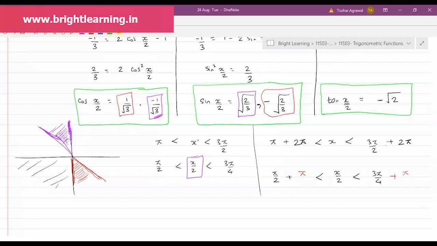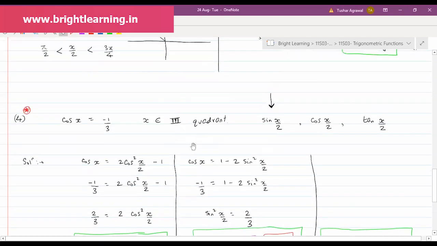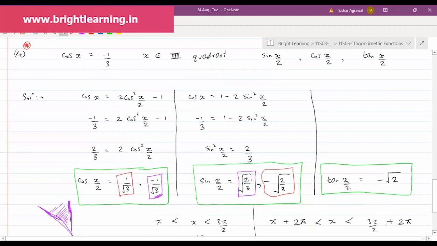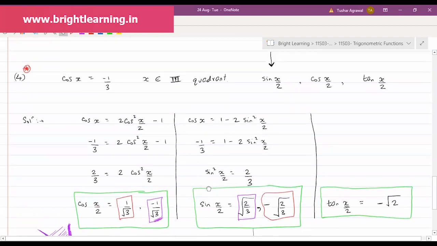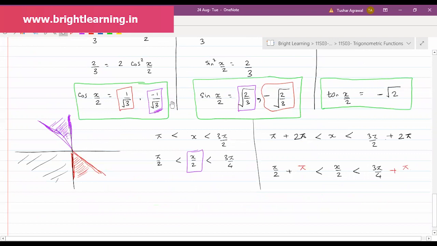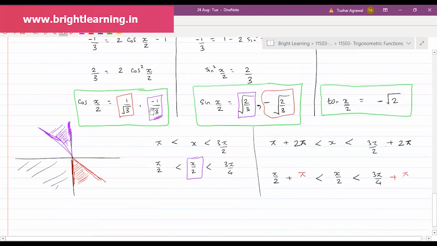Now, in your NCERT book, this question is also given. This question is in the miscellaneous examples. The answer is given, only one single value is given. But this explanation that I have told you is 100% correct, because when it is told third quadrant, you do not know the exact value of the third quadrant. It can be from 0 to 2 pi also, it can be more also. So both the values should be there.